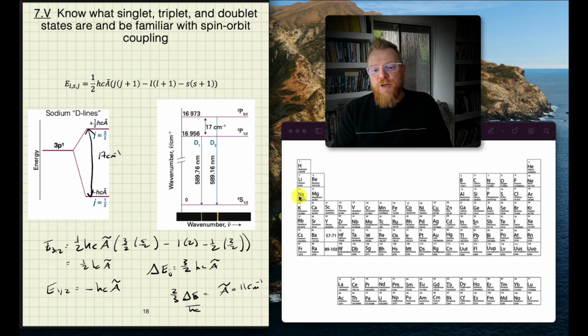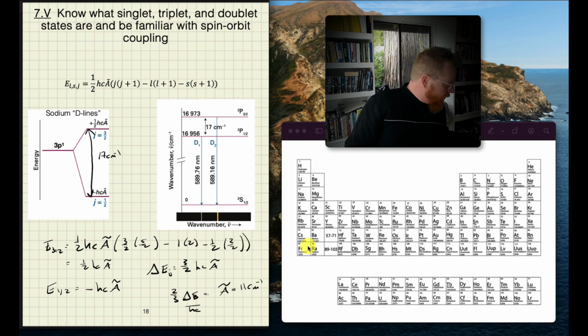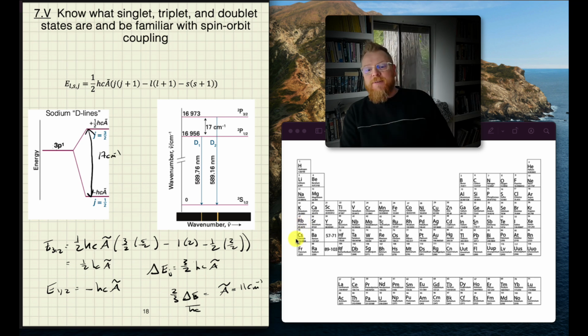If we were to go down the line here, we would see a periodic trend. In the case of lithium, it's only 0.23 wave numbers. In the case of potassium, it's 38 wave numbers. For rubidium, it's 158. For cesium, it's 370.